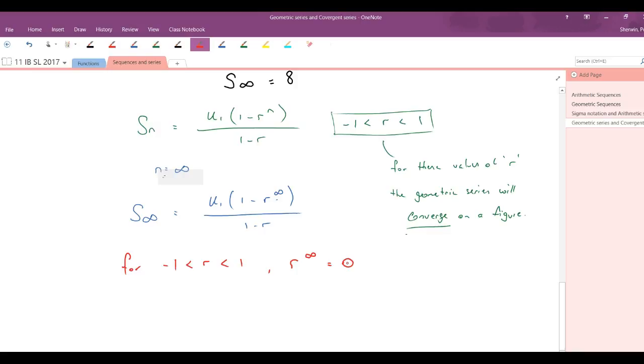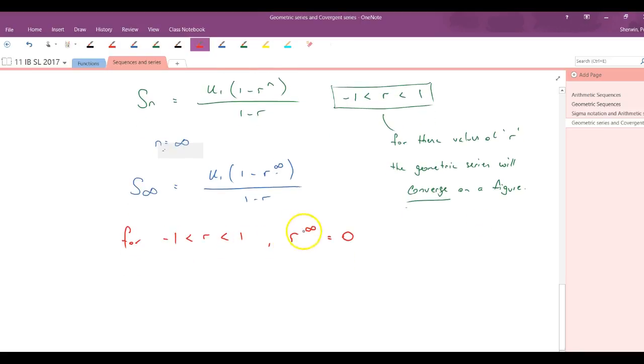That's the convergence. It's getting closer to 0, so close to 0 that we're going to rule it out. So for these values of r, that's equal to 0 now.